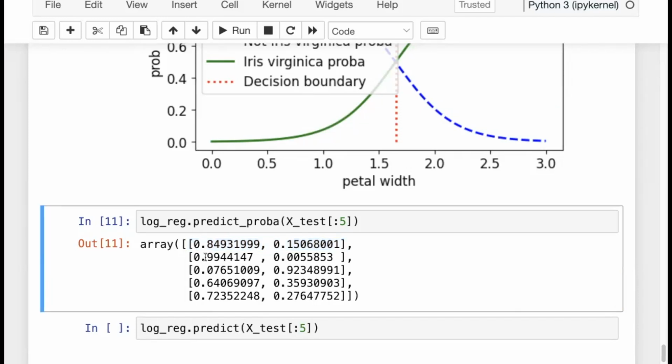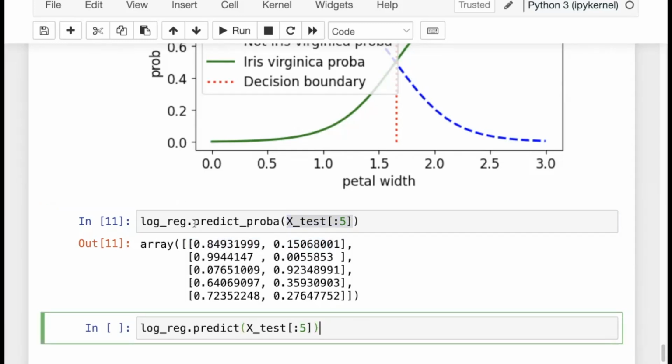And you can see that for the second test data point, the probability that it belongs to class 0 is 0.99. We are very confident. And then the probability that it belongs to the other class is almost 0. And you can see that we have the opposite behavior for the third data point. So this means that this X_test goes through the linear transformation, goes through the sigmoidal logistic function, and it gives us these probabilities.